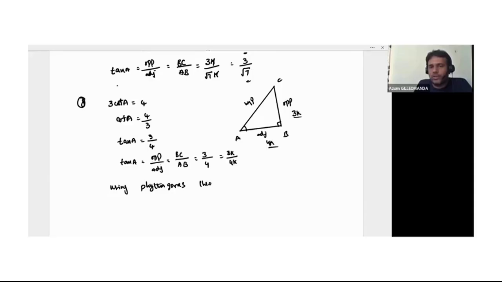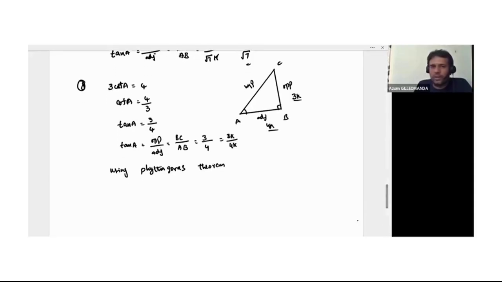So using Pythagoras theorem, we can find the third side. So what is the Pythagoras formula? AC square equal to AB square plus BC square. What is AC square? We don't know. We need to find it, so keep AC square as is. And AB is 4K, so 4K whole square. Plus BC is 3K, so 3K whole square.